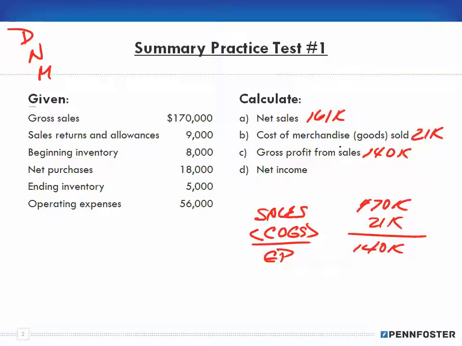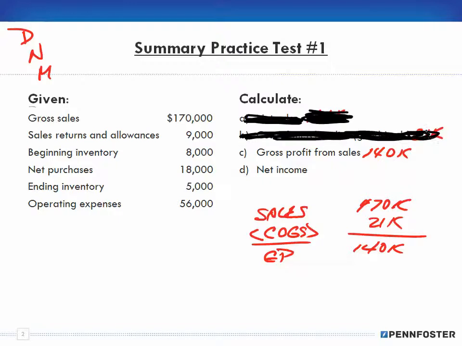Let's say you were not asked how to do net sales, and you were not asked to do cost of goods sold.